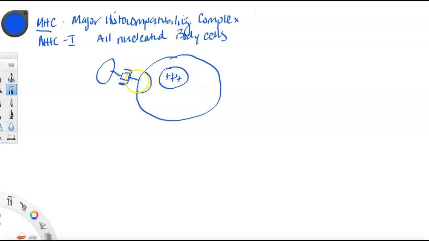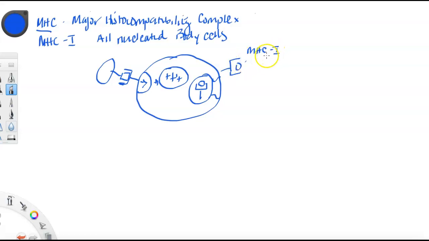Okay, so it's taking this in and then breaking it down into its pieces, and then within the endoplasmic reticulum, it takes another platform like this and puts a replica of it inside there, and then exocytoses it onto the plasma membrane. So this is an MHC1 with a little thing on it.